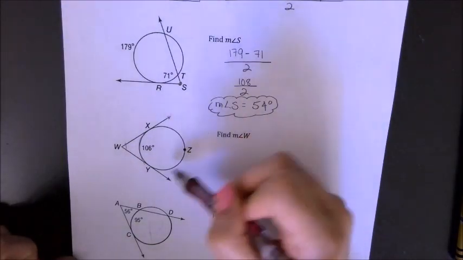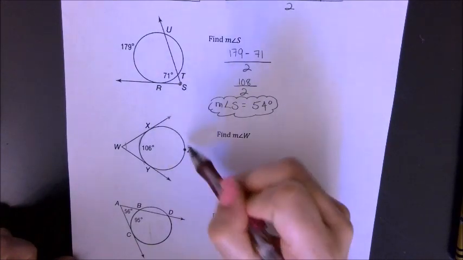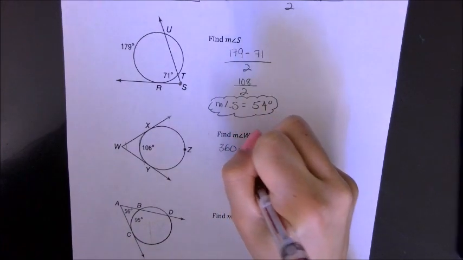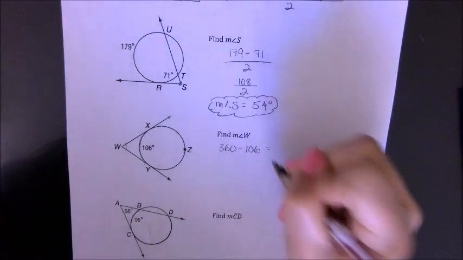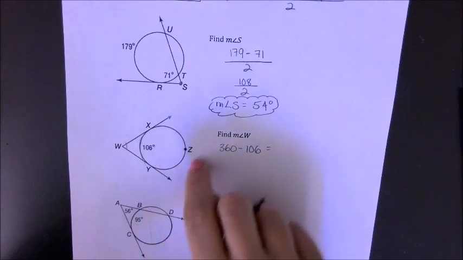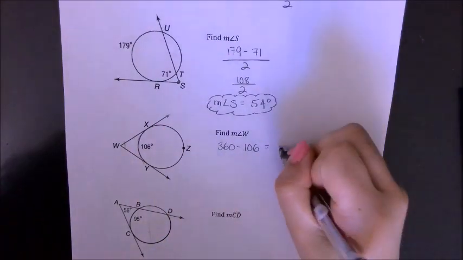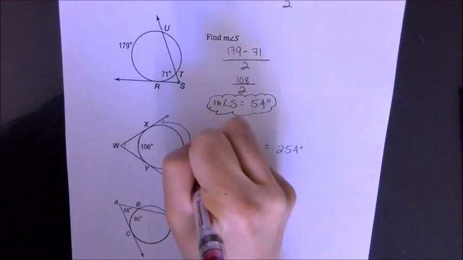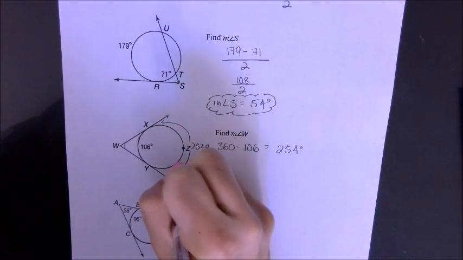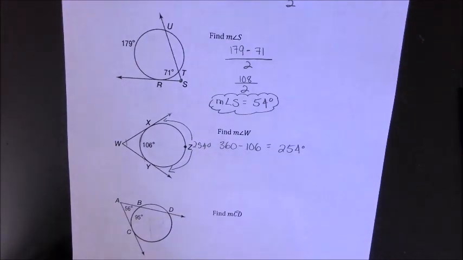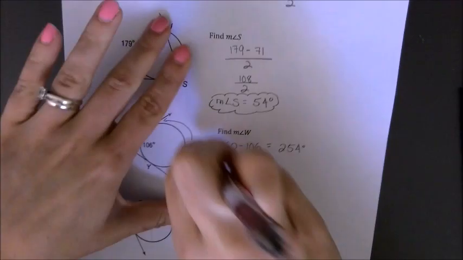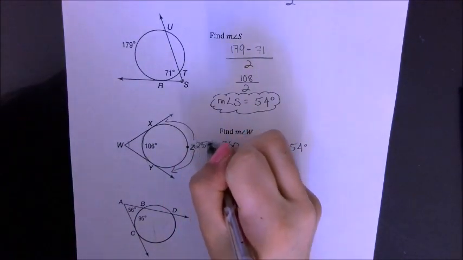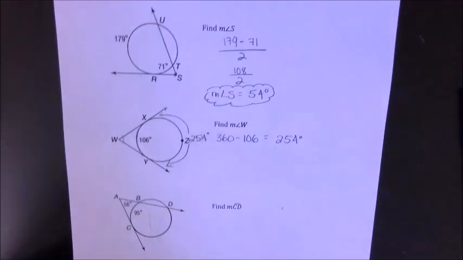To find the rest of this circle, we're going to do 360 minus 106, and that gives me this big arc over here, 254 degrees. So this whole thing now is 254 degrees.